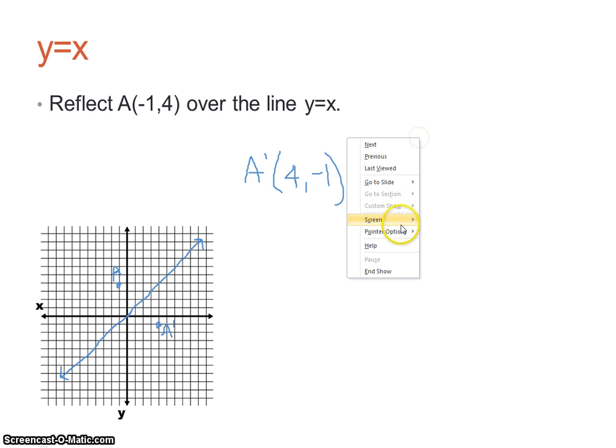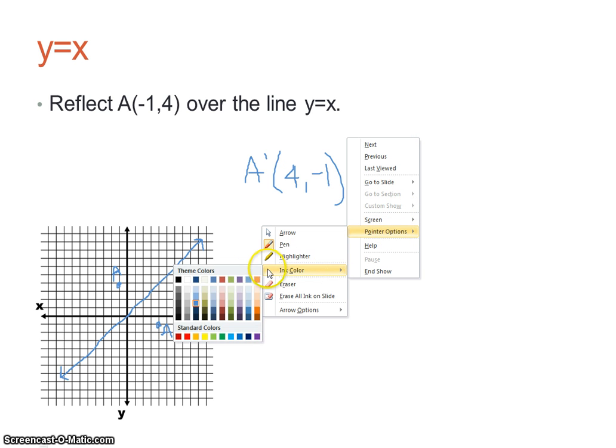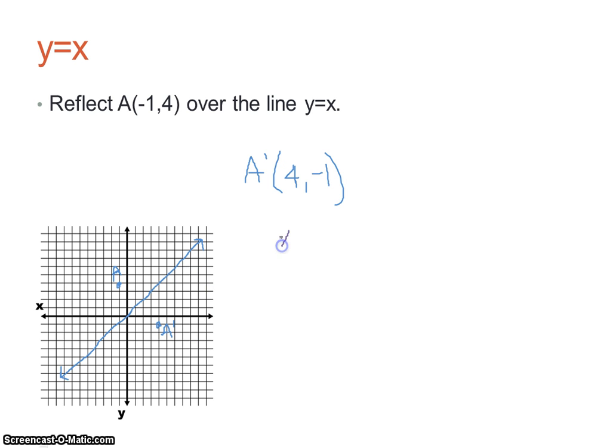Well, that's another pattern that we can write a rule for. If we take our coordinate x, y and reflect it over the line y equals x, all we do is switch it. So xy would become yx.